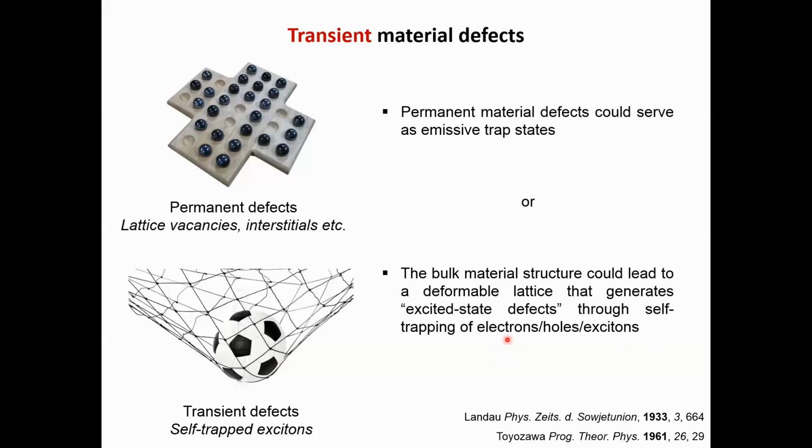In a semiconductor, when you hit it with light, we generate electrons and holes. In these materials, the electrons and holes interact so strongly with each other that the excited state has excitons, and that's an electron-hole pair. So this exciton is interacting so strongly with the lattice that it is creating a defect. So this is called exciton self-trapping.